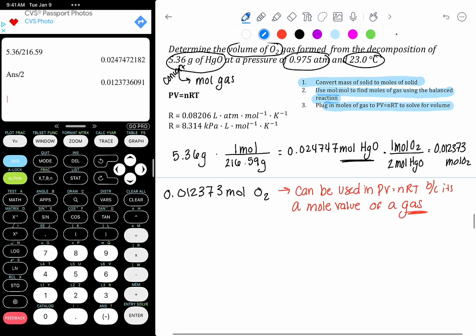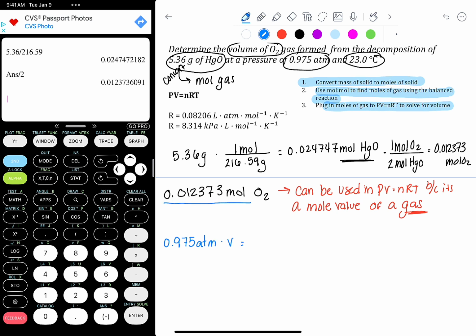So we'll take P, which is 0.975. We're solving for volume. We know moles, we just solved for that. It's 0.012373 times R. Let's see, my pressure is in atm, so I'm going to want to use R in atm, which is 0.08206, times the temperature, which would be 23 plus 273.15 to convert it.